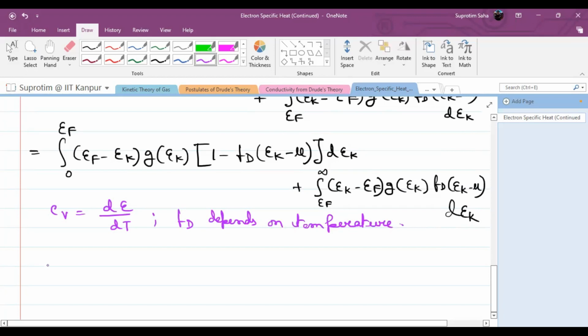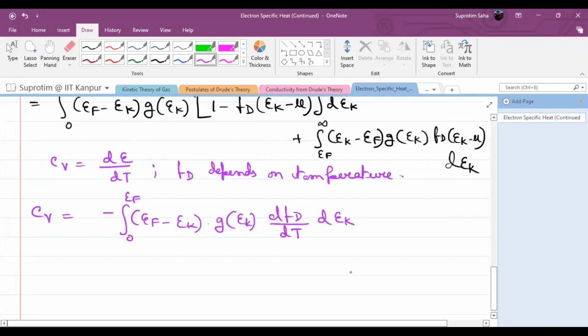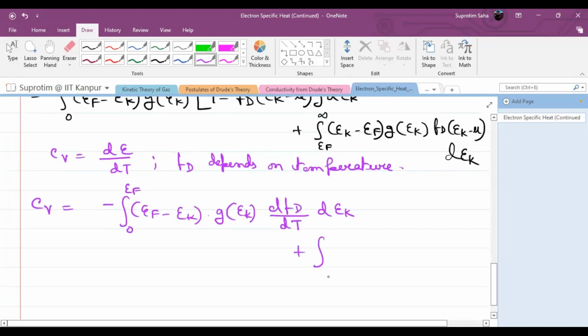So CV will then be given by minus 0 to EF, because the first term is temperature independent. So the second term will stay. Now G of EK, D Fermi-Dirac. I'm not writing the arguments reiteratively. DFD dt, D of EK. Plus EF to infinity, EK minus EF, G of EK, D FD dt, D of EK.